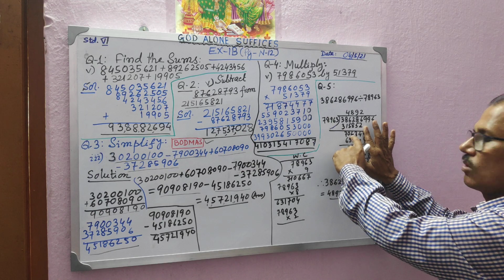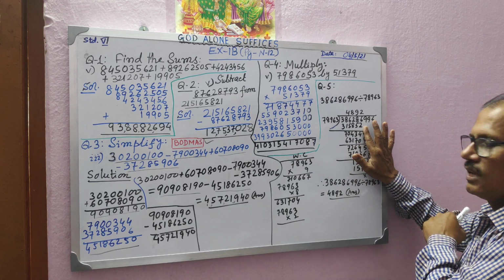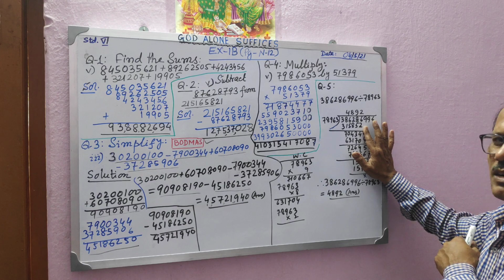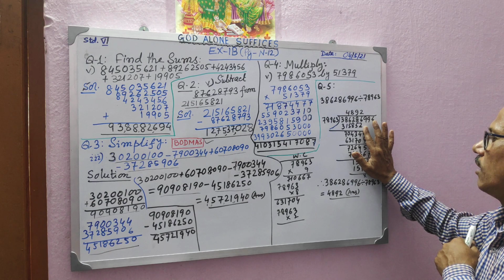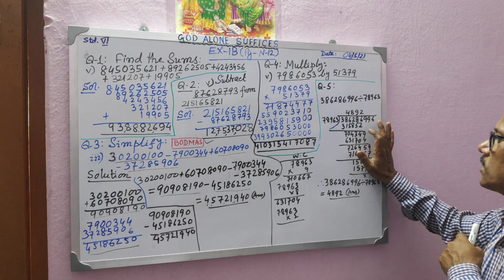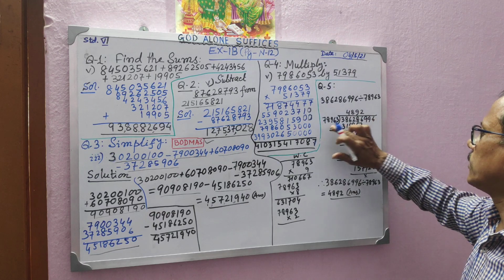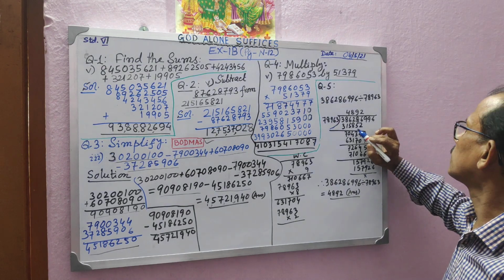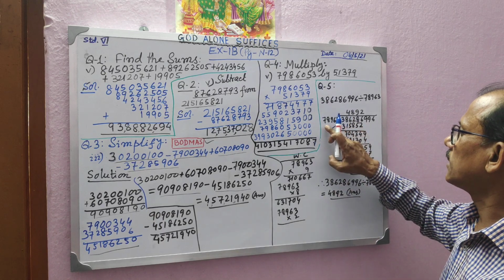It is not 78, it is 70, so lesser. So how much will you multiply 7 by so that it goes near 70? 7 sevens are 49, 7 8s are 56. 7 9s are 63. 7 10s will be 70.